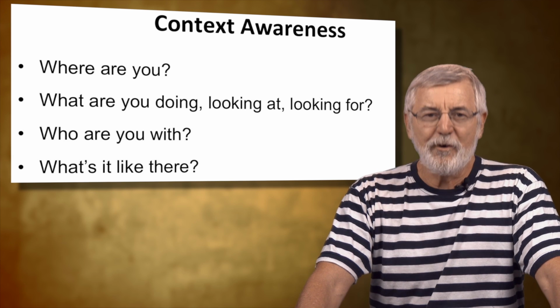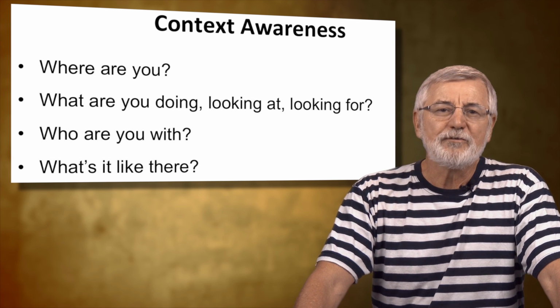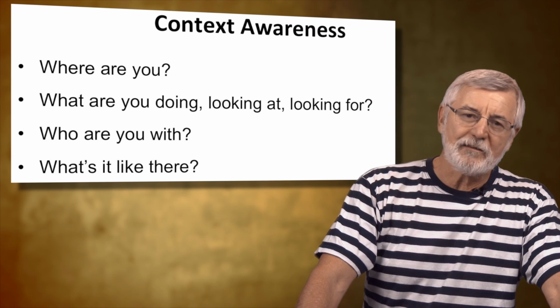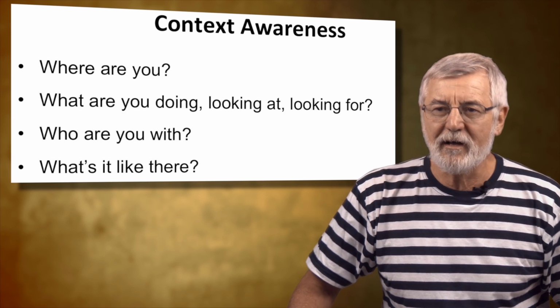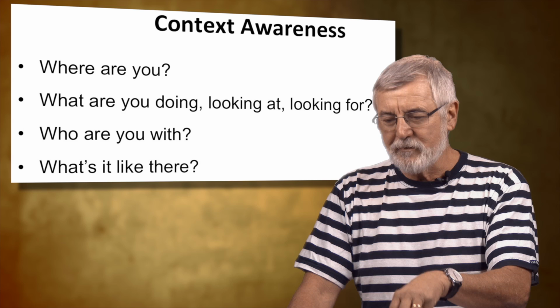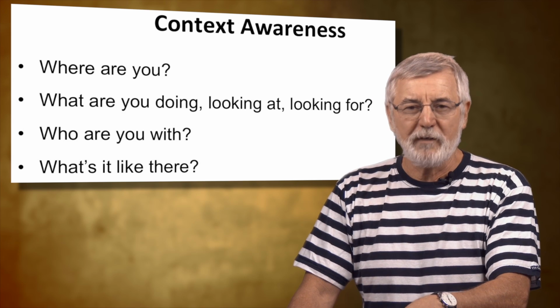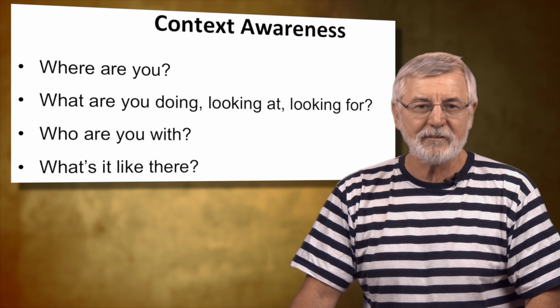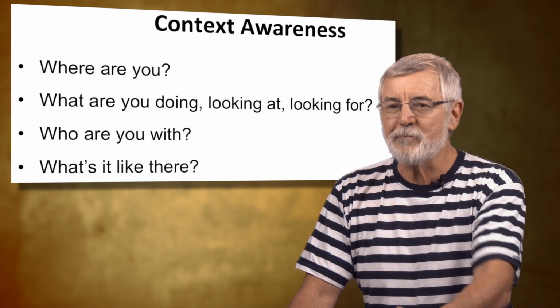So you'd say, where are you? What are you doing? What are you looking at, looking for? Who's there with you? What's it like there? So you can see this could be operationalized to being location information, information about point of view, orientation in an environment, some kind of compass orientation. It could be distance to some object.